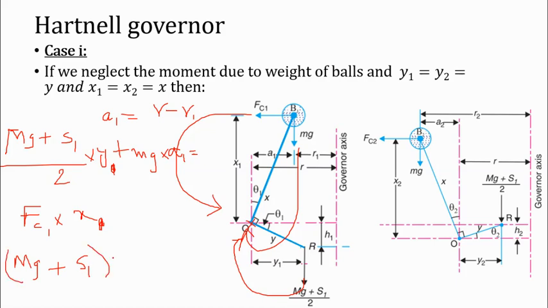And now the equation is modified as (Mg plus S1) into y is equal to Fc1 into x minus mg into a1.